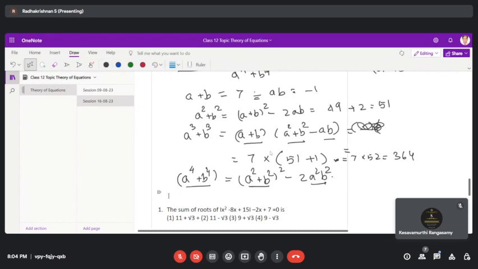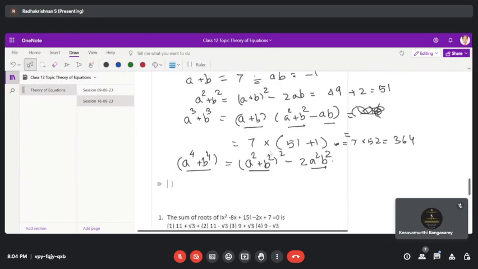Similarly, it goes on. So a power 5 plus b power 5 you can determine as a cube plus b cube into a square plus b square. So this is equal to a power 5 plus b power 5 plus a cube b square plus a square b cube.